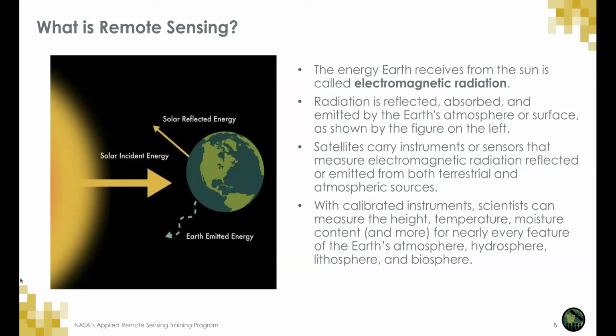We have devices that have sensors that are able to capture that section of the reflected or emitted electromagnetic radiation, and then convert it into a signal that we are able to analyze and decipher to find out exactly what type of object it is that we are observing.